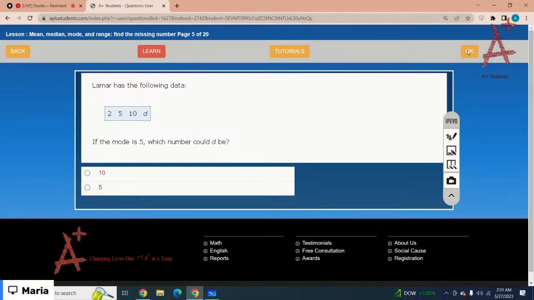Mode means the number that appears the most in the data, but here 5 appears just once. Got it? That means it must appear 2 times so that it can be the mode. So that means D equals 5. The correct option is 5. Got it?